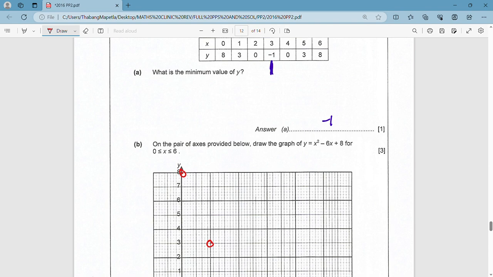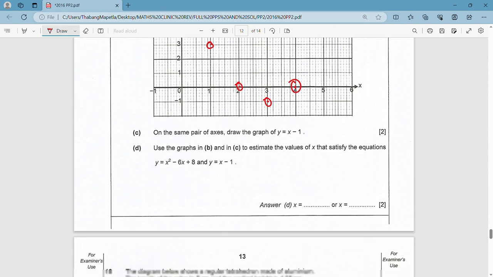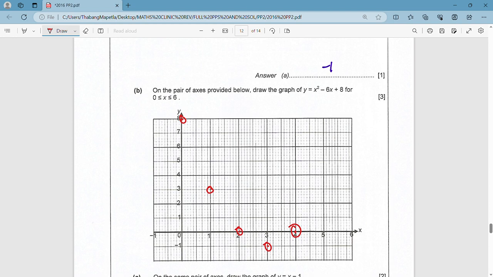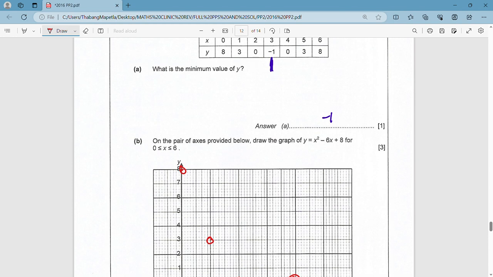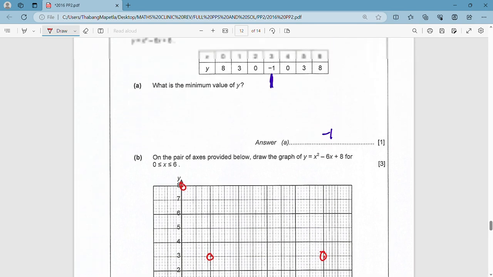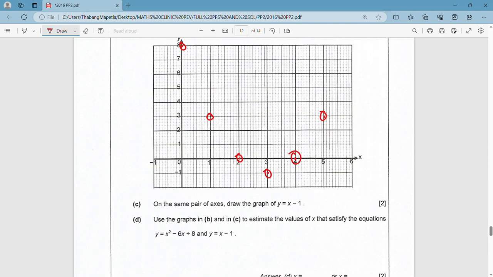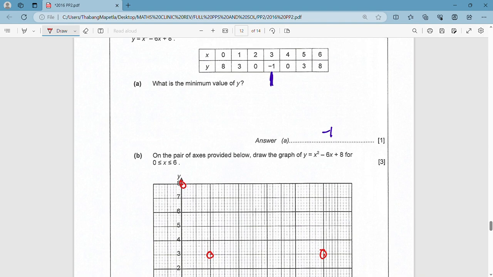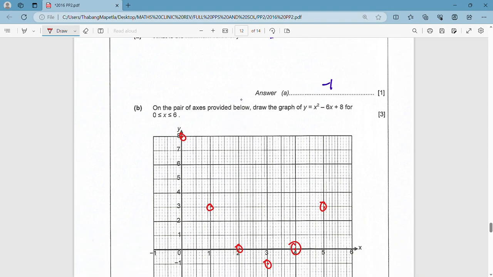So then next one, zero, 4, 5, 3, and then we're going to join them all. 6, 8.